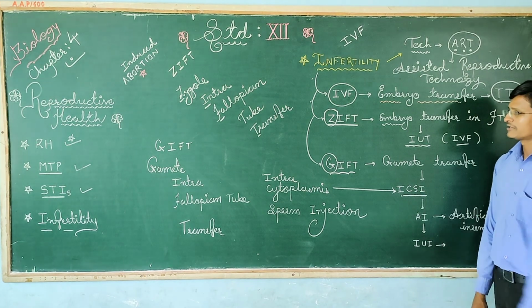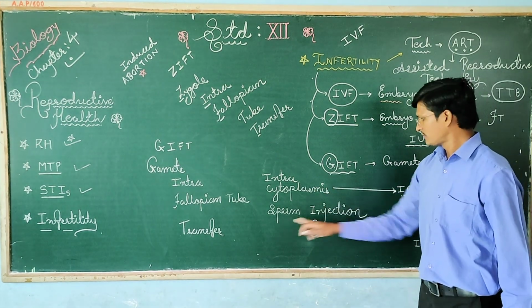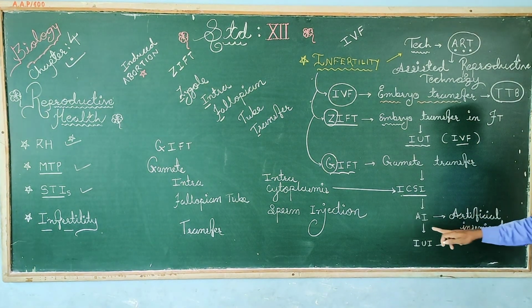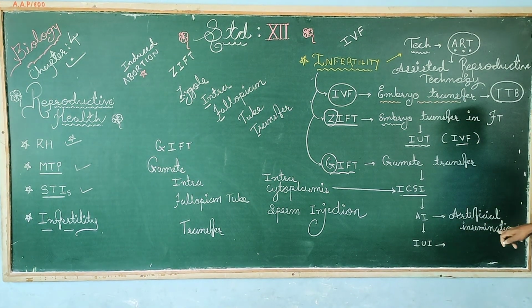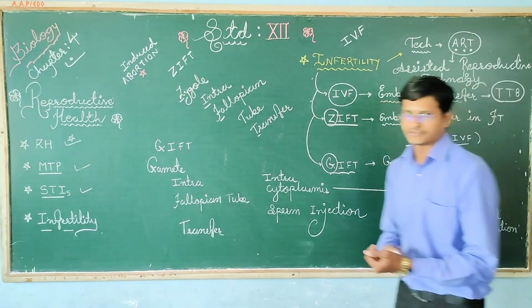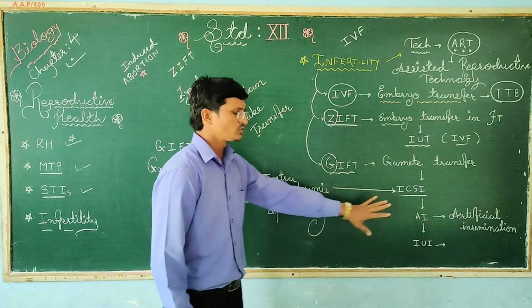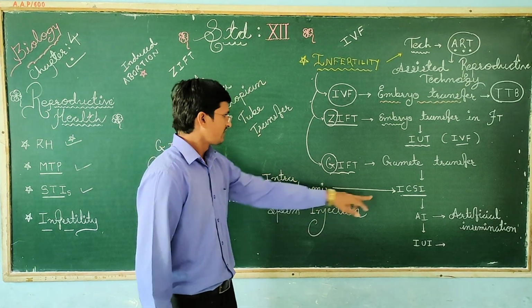ICSI is intracytoplasmic sperm injection. With the help of this method, the artificial insemination process will be done, because this method is totally done by ICSI.